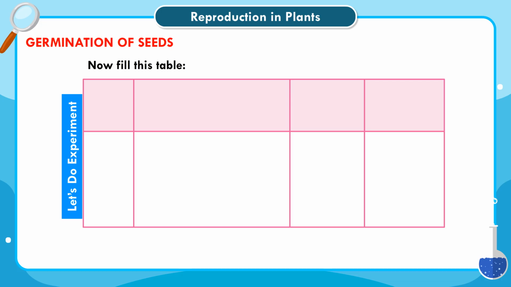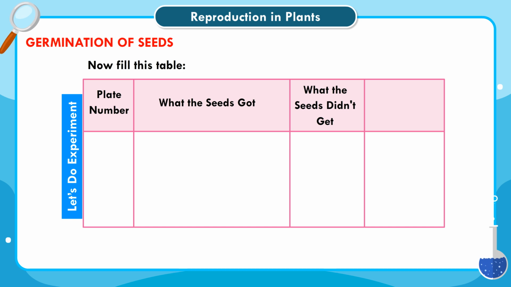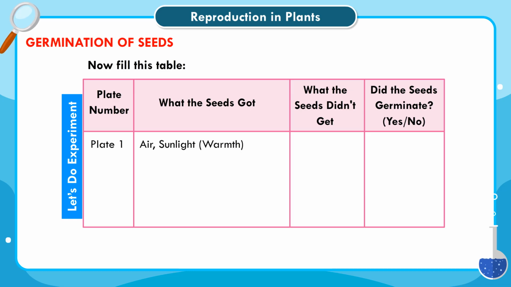Now fill this table. Plate number. What the seeds got. What the seeds didn't get. Did the seeds germinate? Yes or no? Plate 1. Air, sunlight, warmth. Water. No. Plate 2. Water, sunlight, warmth. Air.